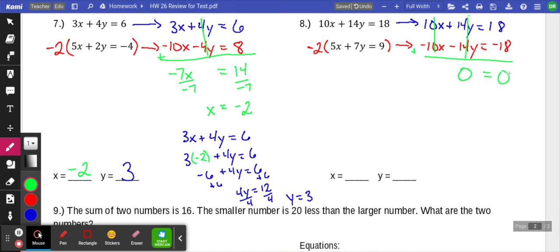So you might notice there's no more variable in this scenario. And when we lose our variable, that is time for us to interpret what the solution would be. And because the equation is true, 0 does equal 0, we are going to say that there are infinitely many solutions.